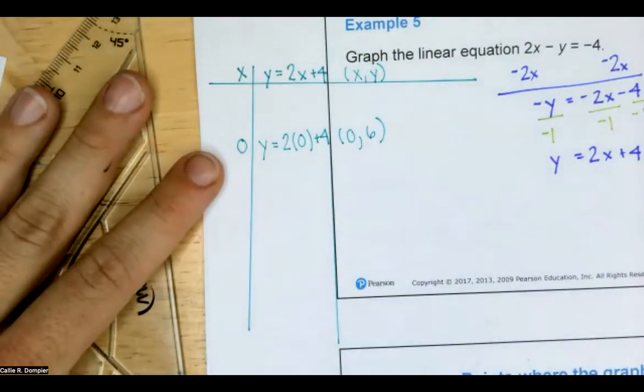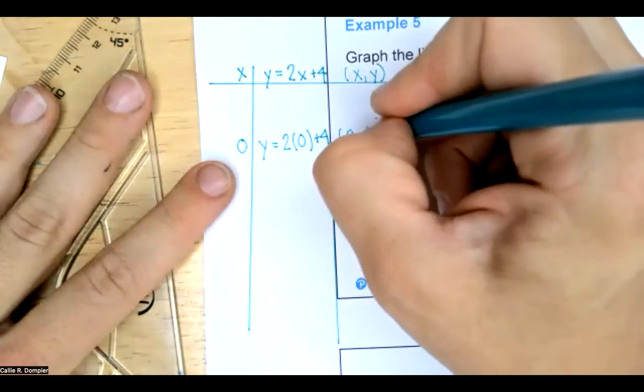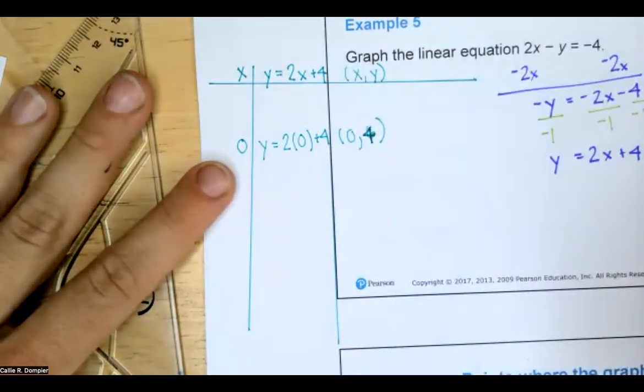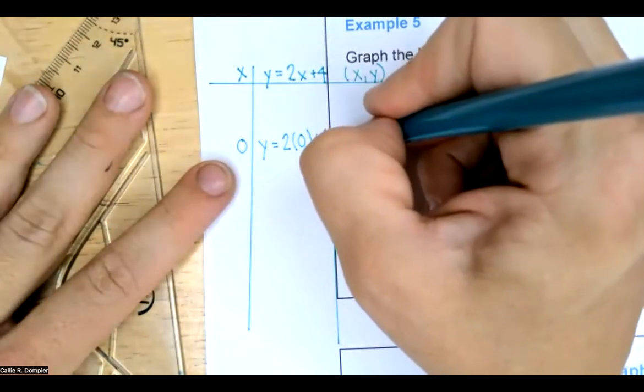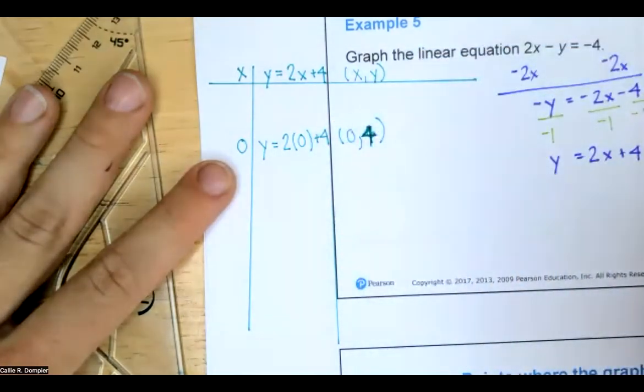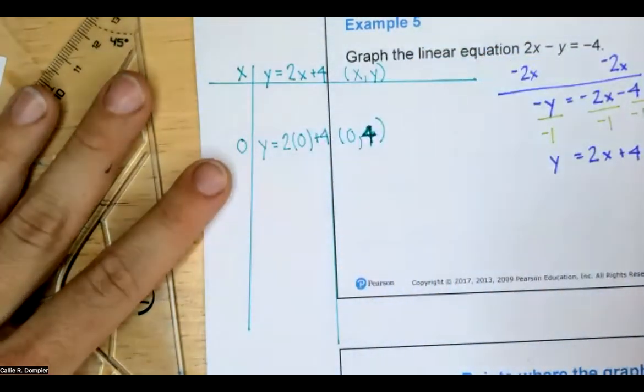No. Yeah? 2x plus 4. Nope, it's not 6, it's just 4. Did anybody catch that before I did? Really wanted to add 2 and 4, but you can't. It's just 4. Because 2 times 0 is 0. 0 plus 4 is 4.